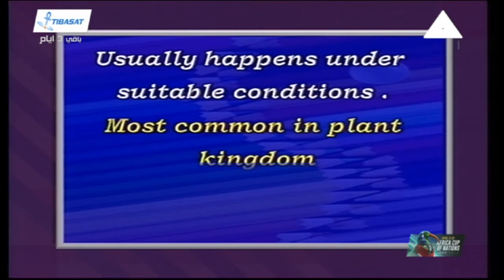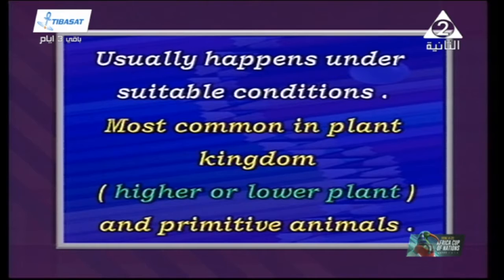And what else? It is most common in the plant kingdom, whether higher plants or lower plants. Higher plants are most flowering plants, any plant that forms flowers or seeds. Lower plants are like adiantum and most of the plants called ferns.